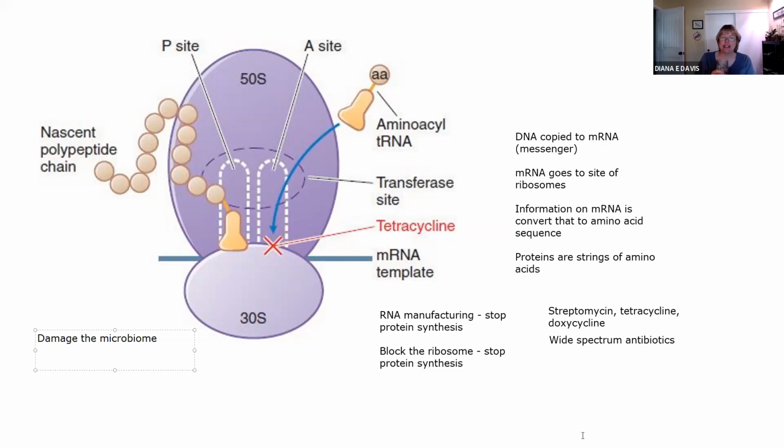It's all of the bacteria that live on and in our bodies. And we need the microbiome to survive. If we got rid of the microbiome, we would not be able to survive long term. We would have lots and lots of health problems. We'd need lots of supplements. It would not be a good thing. And so if you've ever taken streptomycin, tetracycline, doxycycline, and then ended up with stomach problems, that's from the damage to the microbiome.